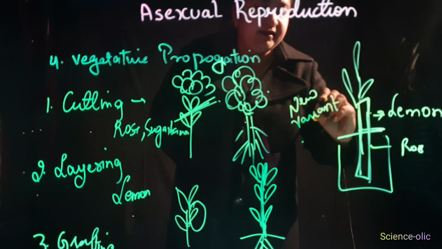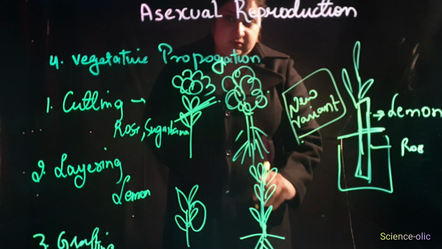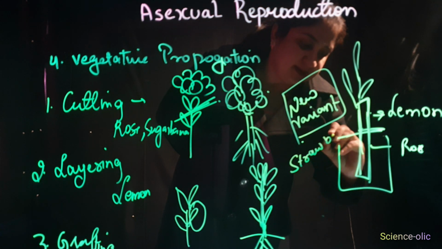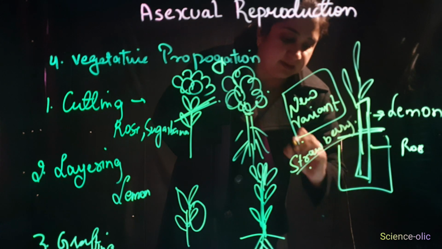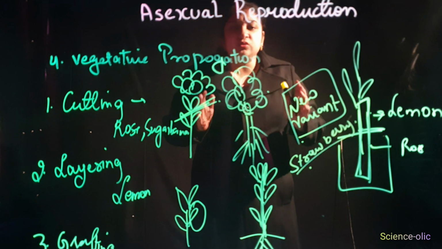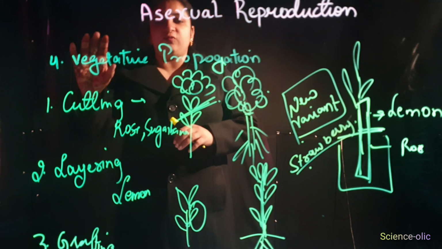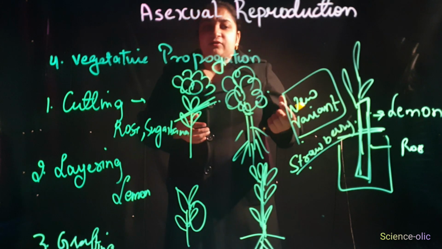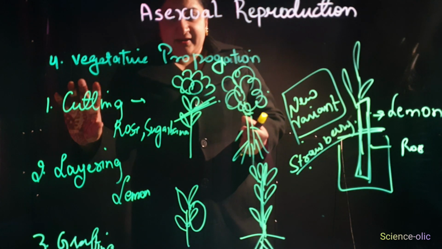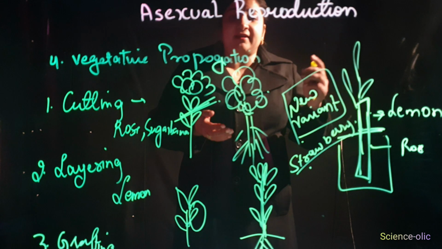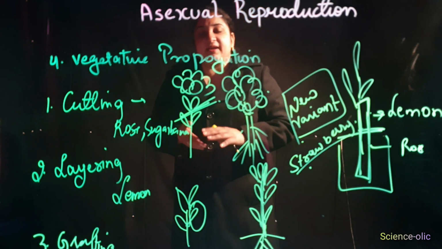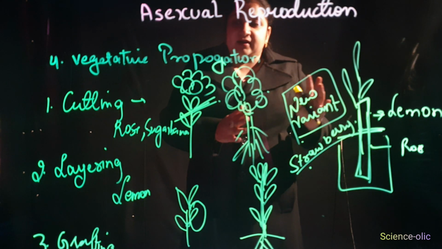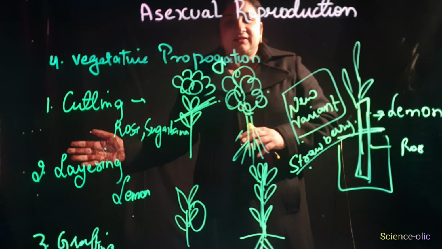This is mostly done with fruits, in strawberry. Strawberry is its example. And then tissue culture is also a form of vegetative propagation. In clinical labs, one part of the stem or its cell is taken out, and chemicals are put inside it, and then the generation of a new plant or new seeds occurs. That is known as tissue culture.